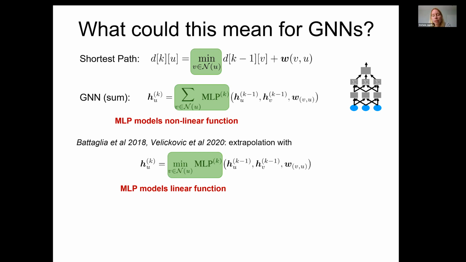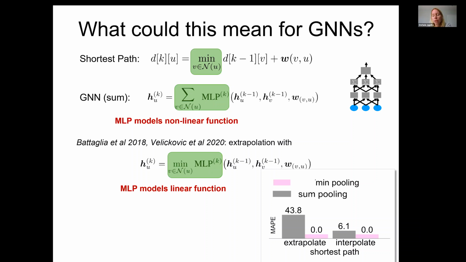So if you connect this with the observation on the previous page, for interpolation, learning with the same training and test data, it doesn't matter which of the two. But for extrapolation, it matters which aggregation function you use, because one has to continue a nonlinear function and one has to continue a linear function.